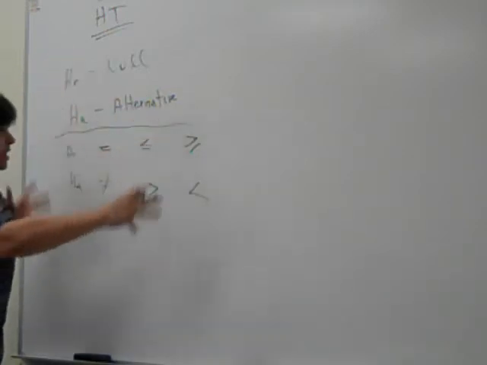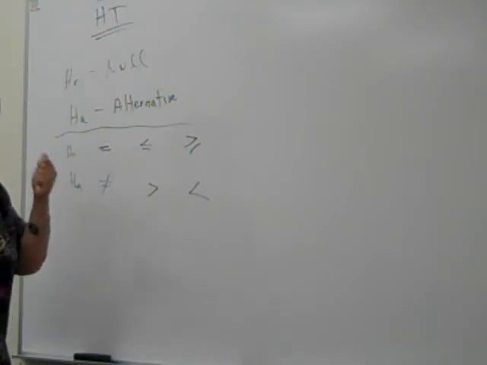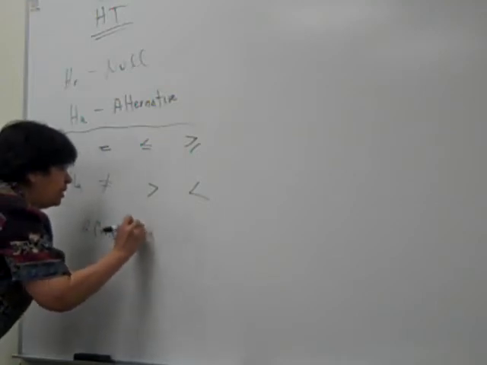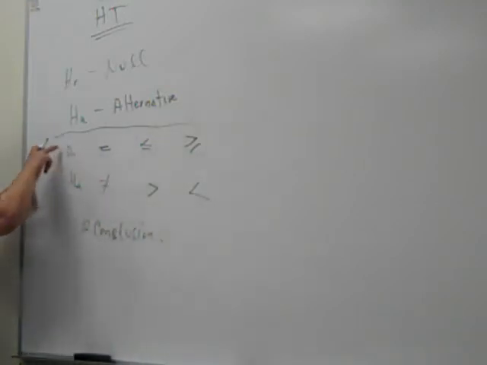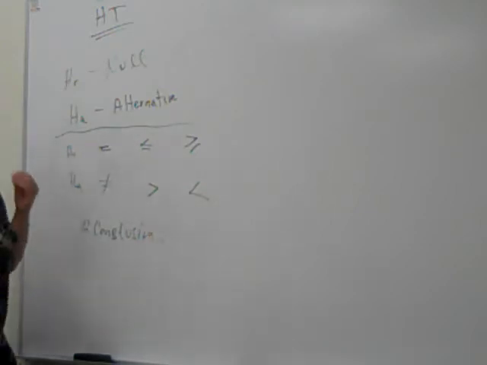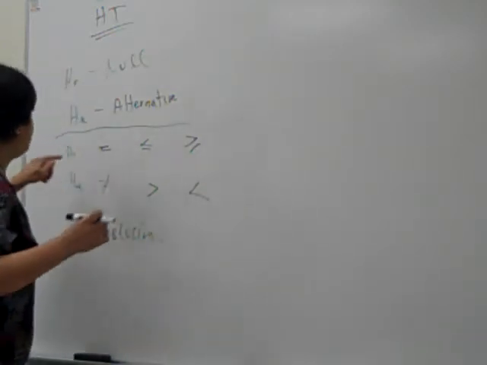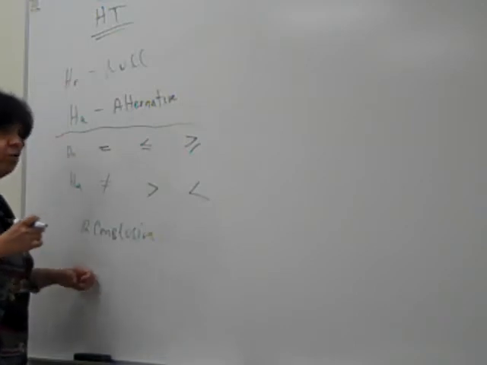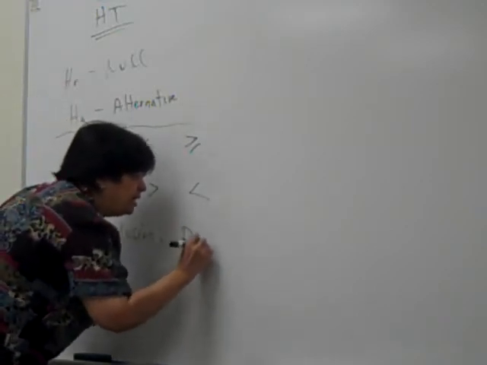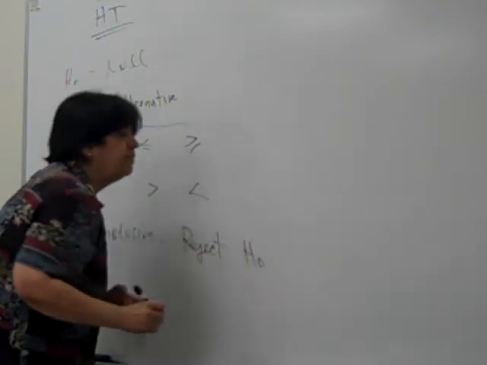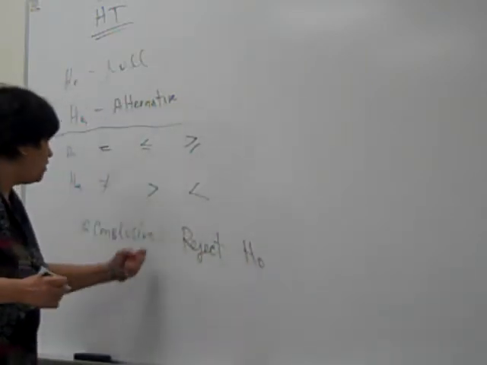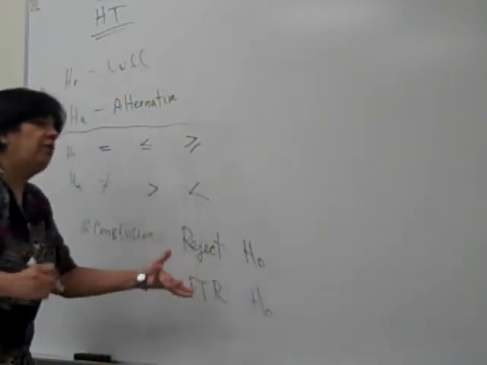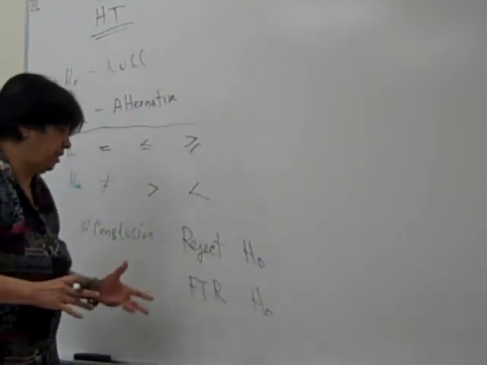So, we are testing hypotheses and we may have two conclusions. First of all, let me tell you something. What we are testing is the null hypothesis, but what we want to prove is the alternative hypothesis. So our conclusion is either reject the null hypothesis, or, and it's funny, fail to reject the null hypothesis, because that's the hypothesis that we are testing.